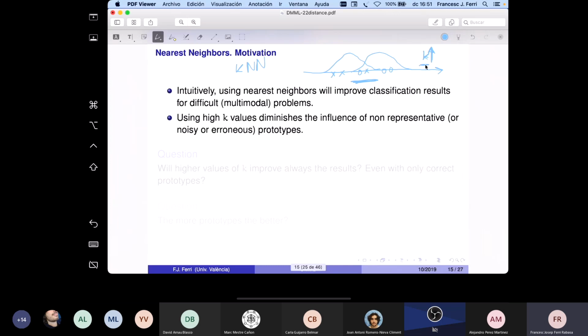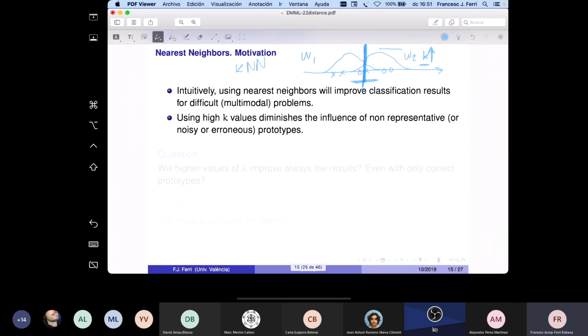If you take many of them, it's quite likely that on the left of the optimal boundary the majority of neighbors come from class 1. And by the same reason, it's quite likely that on the right of the optimal boundary the majority of the neighbors come from class 2. Why?